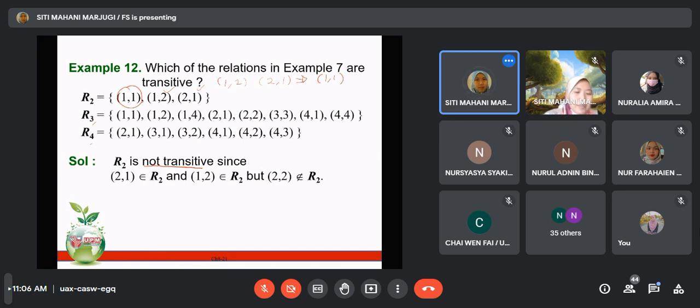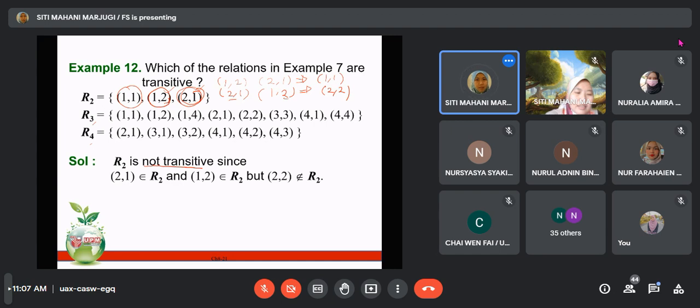But if we take (2, 1) and another one (1, 2), the result implied is (2, 2).